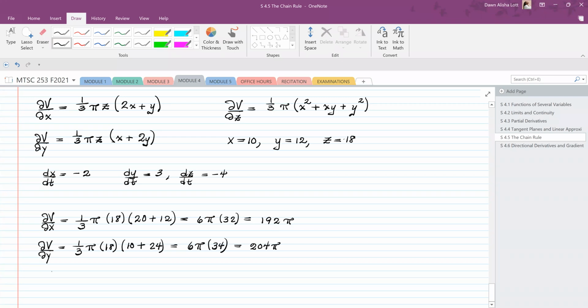And then the partial of V with respect to z is 1/3 pi times 100 plus 120 plus 144. So that's 364.